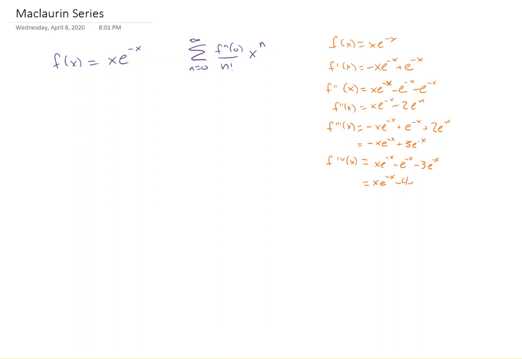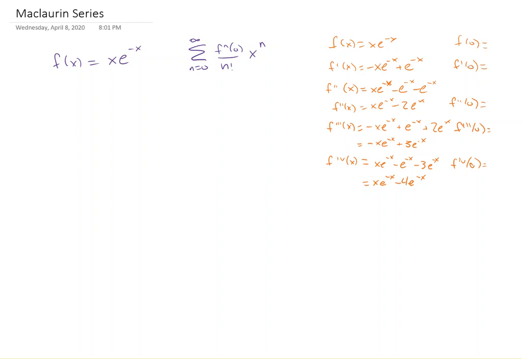Okay, good. Now the good news is that we're going to evaluate this at 0, right? So we're going to be plugging in 0. So we're going to find f of 0, f prime of 0. And I'm doing this at a much more rapid pace than I would expect you to. Doing all those product rules is really quite painful.